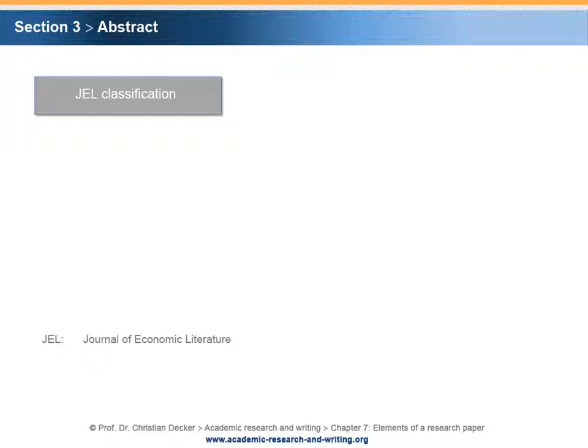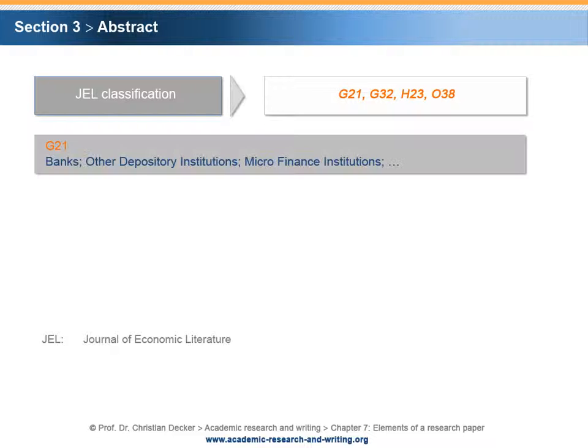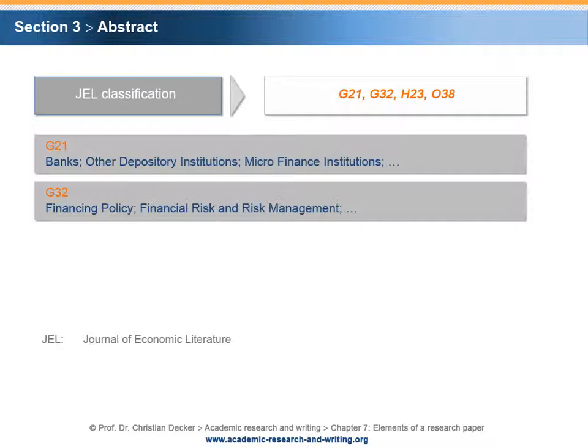If the title of the research project is Project Finance of Windmill Farms under the German Renewable Energy Act, EEG in brackets, the JEL classification G21, G32, H23, and O38 could be used in order to describe the topic. G21 stands among others for banks, other depository institutions, microfinance institutions. G32 stands among others for financing policy, financial risk and risk management.